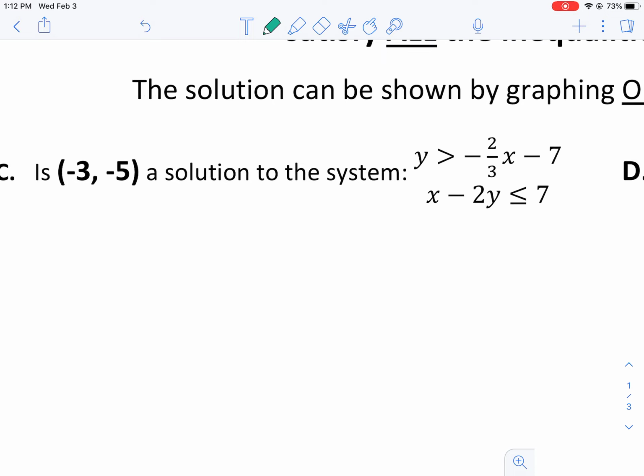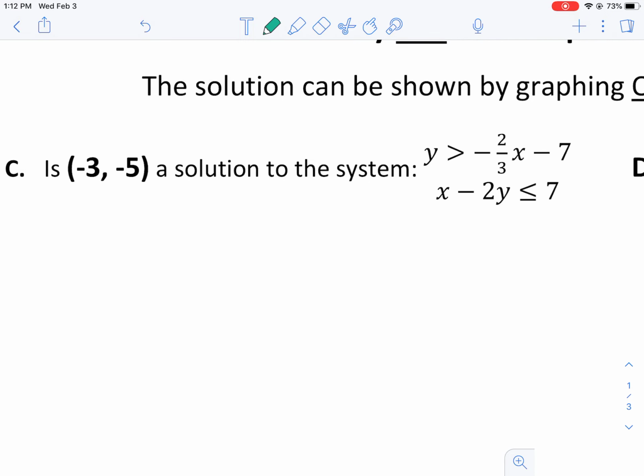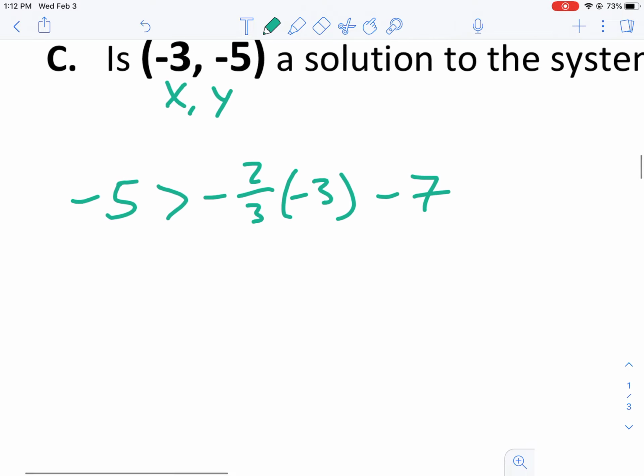And that's a little bit easier to do with a system, all right? So I'm actually gonna take this point, this x comma y coordinate, and plug those numbers in over here. So I'm gonna do the top one first. So y is gonna become -5 is greater than -2/3. X is now -3 minus 7. Is this equation true? Okay.